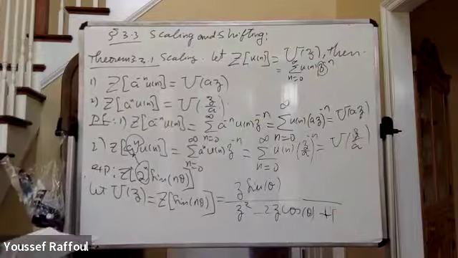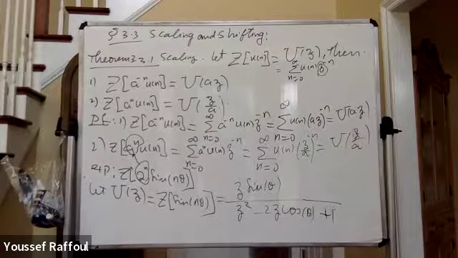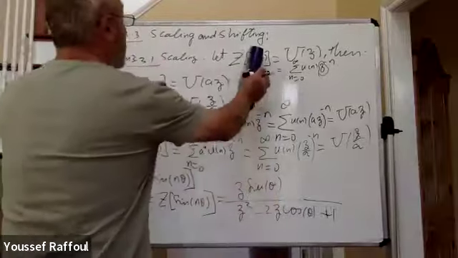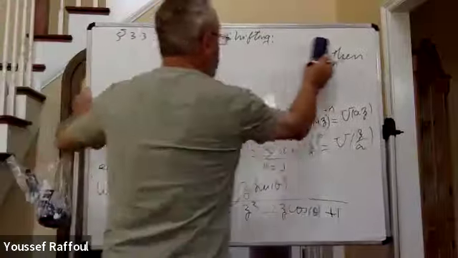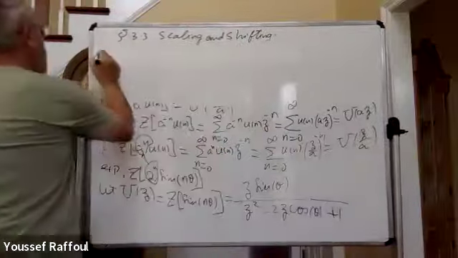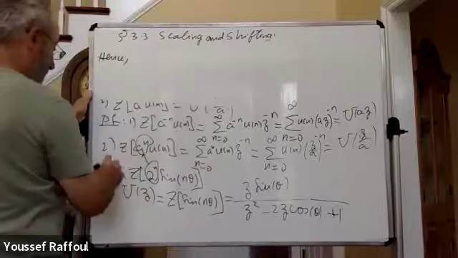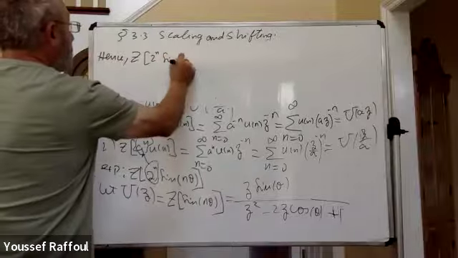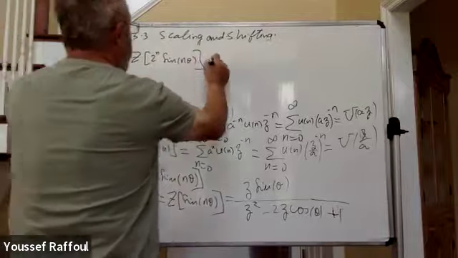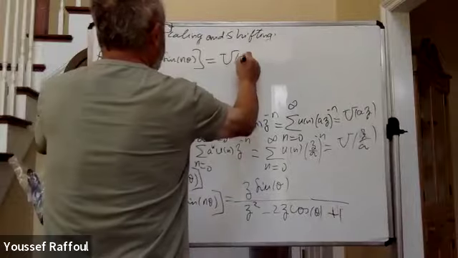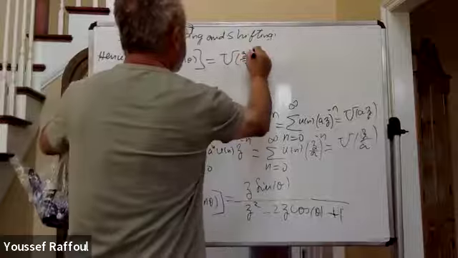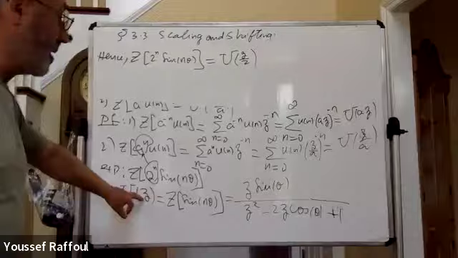Hence Z of 2^n sine(n theta) is U(z/2), and that is U(z) here.